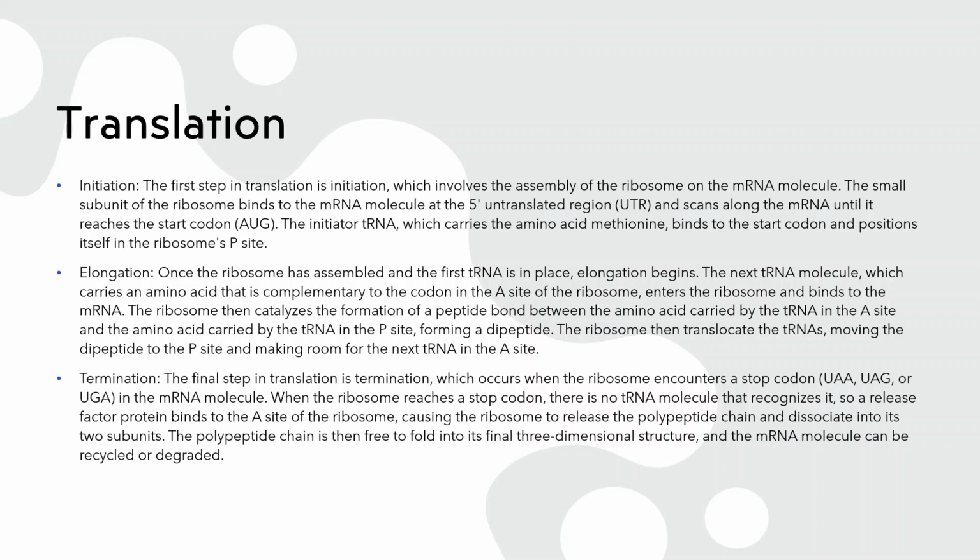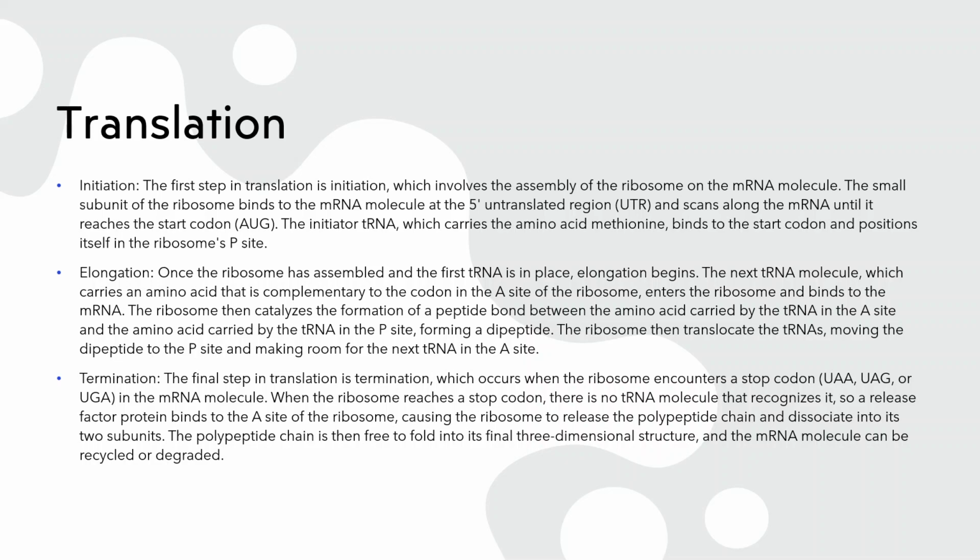And translation starts with initiation, which involves the assembly of the ribosome on the mRNA molecule. The small subunit of the ribosome binds to the mRNA molecule at the 5' untranslated region and scans along the mRNA until it reaches the start codon, which is AUG.